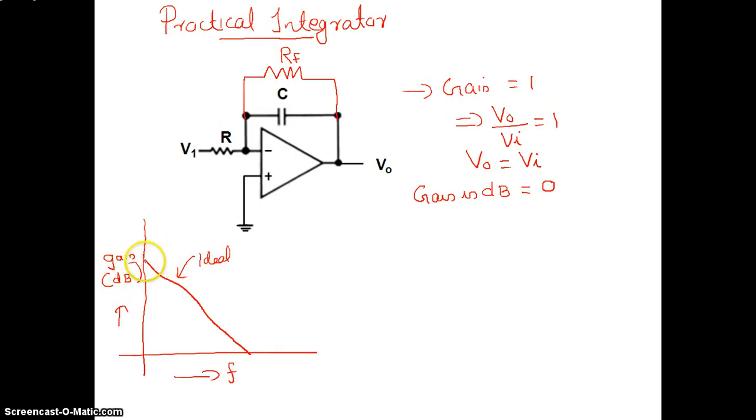That means initially you will have a very high gain. But when it comes to a practical integrator, the initial high gain you can limit by providing this resistor. So the initial high gain is limited, and I have a response something like this. This is for the practical integrator.